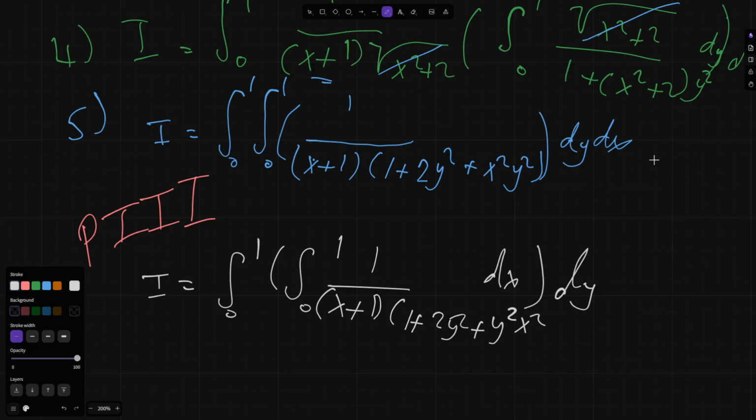In the last step it was outside, but now we are going to do dx first, so we have put it inside.